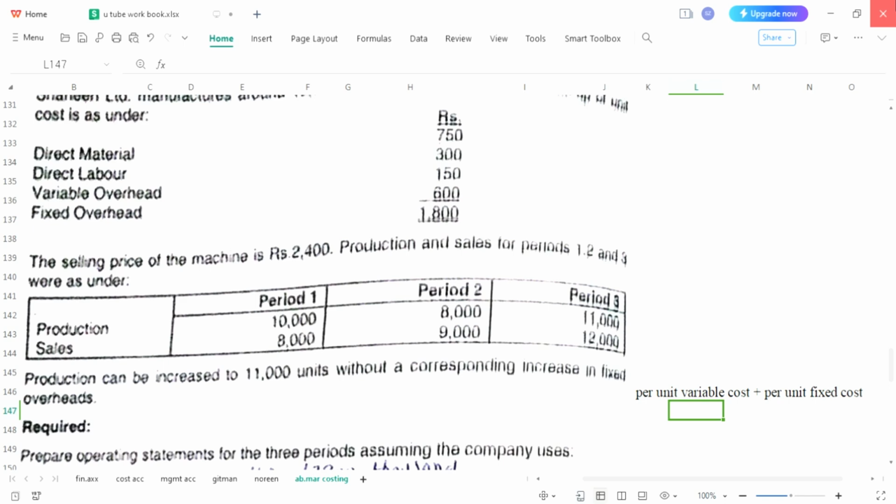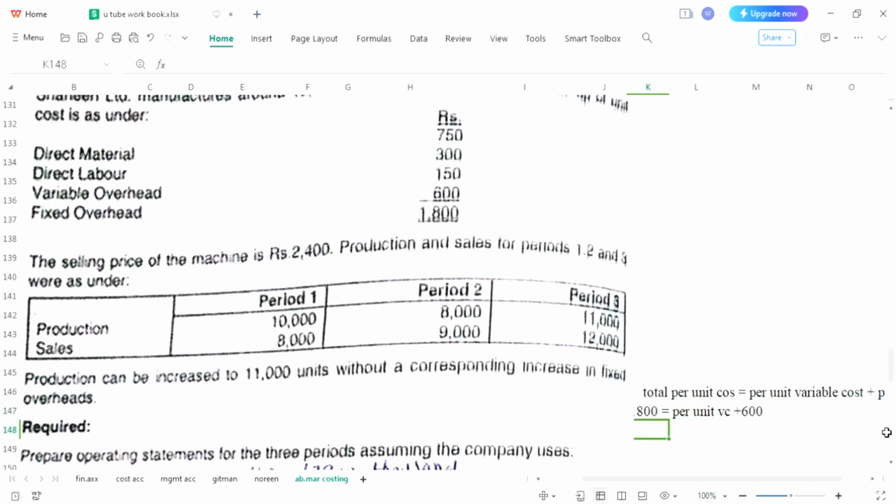Okay, and next what you can do is to see how much total cost we have. This is 1800, that is your total cost, and you need to put per unit variable cost. Suppose it is unknown, per unit variable cost, and then you need to add per unit fixed cost, which is 600.